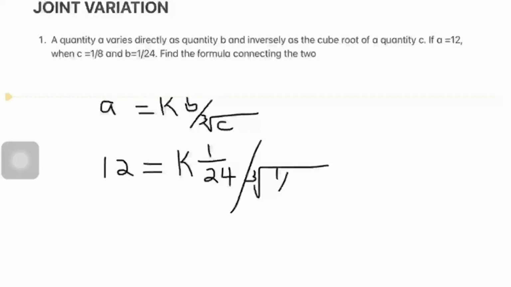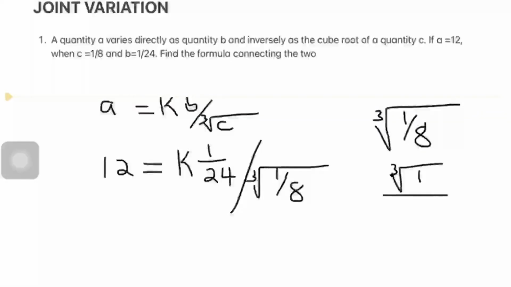We are supposed to find the cube root of 1 over 8. This is the same as the cube root of 1 and the cube root of 8. You can separate the two. Cube root of 1 is 1, cube root of 8 is 2. So your answer is 1 over 2.